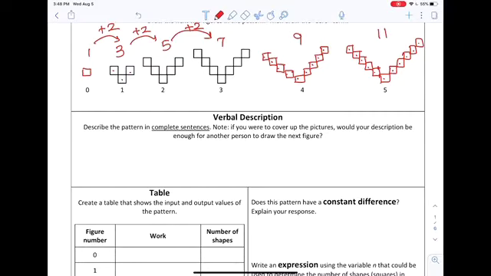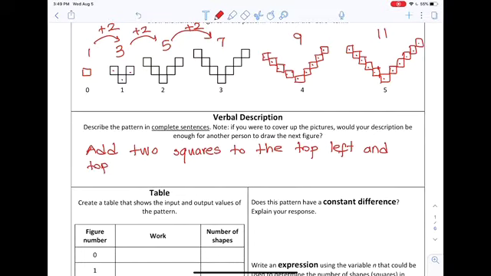I'm going to go ahead and put: add 2 squares to the top left and top right vertices to each figure.